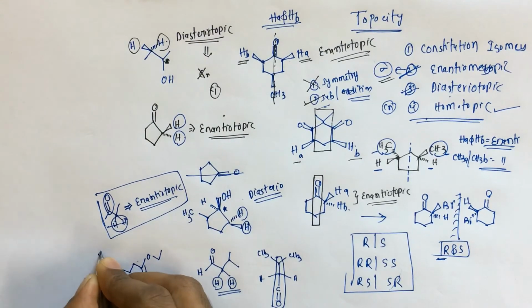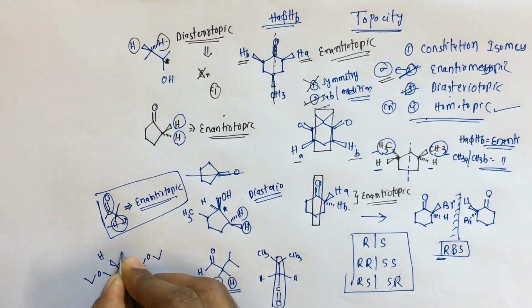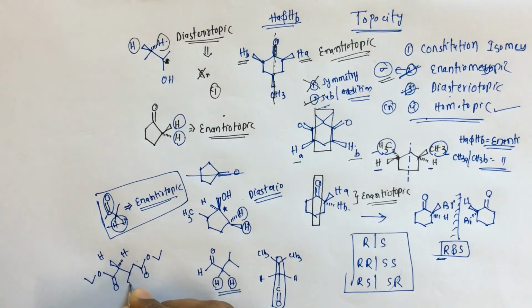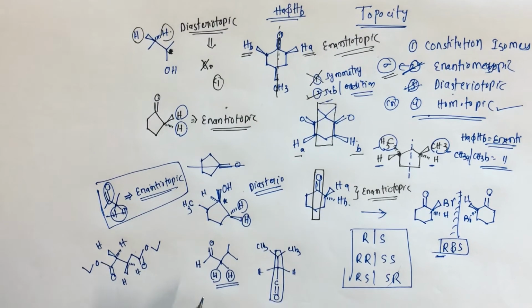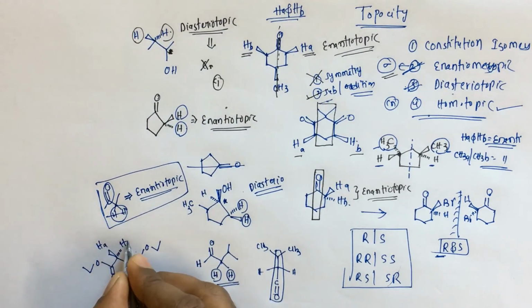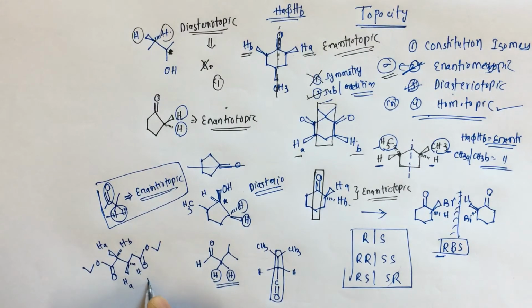Here we have a hydrogen, and this hydrogen, and hydrogen. So in this case we have two hydrogens, HA and HB.